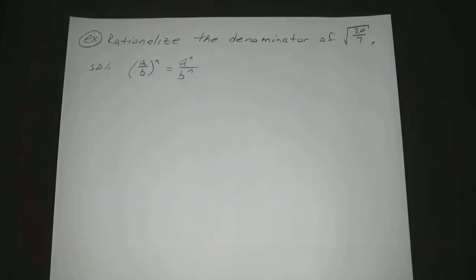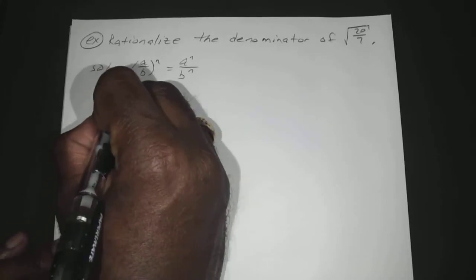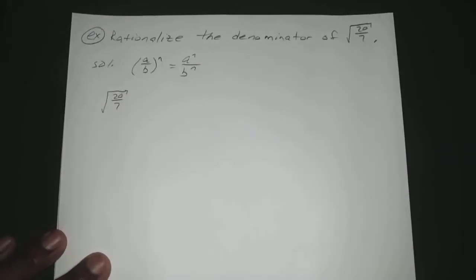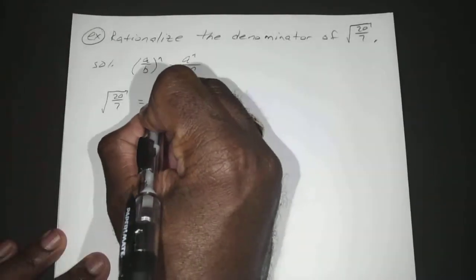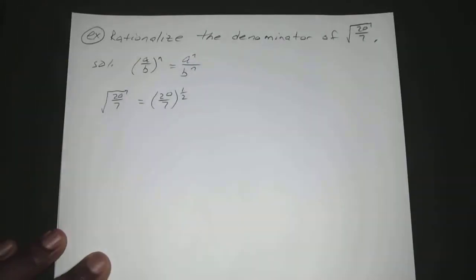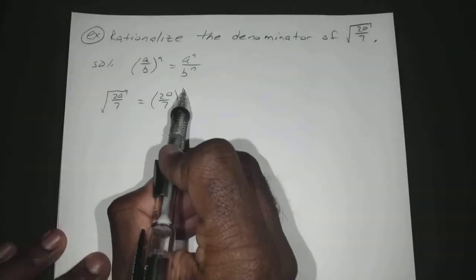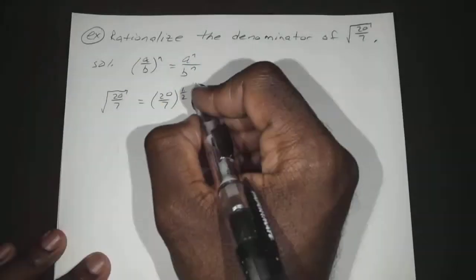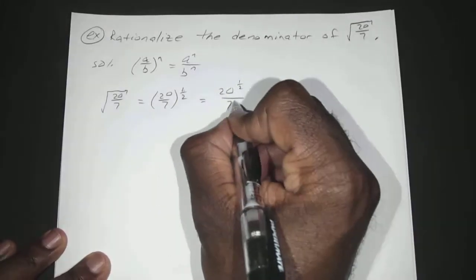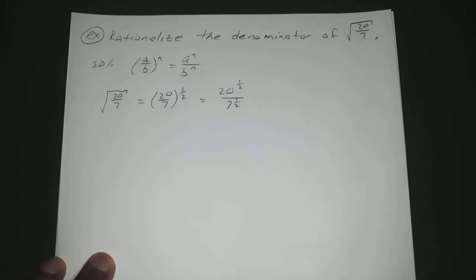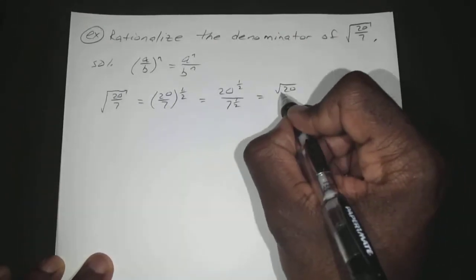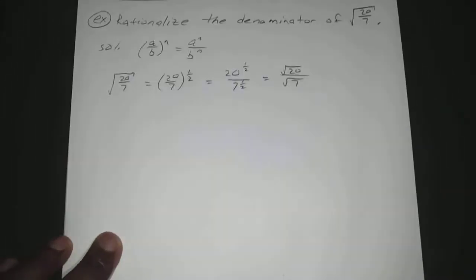If we started off with the square root of 20 over 7, then really that's just (20 over 7) to the 1/2 power, which means we can distribute that exponent to be 20 to the 1/2 power over 7 to the 1/2 power, which is just square root of 20 over square root of 7.